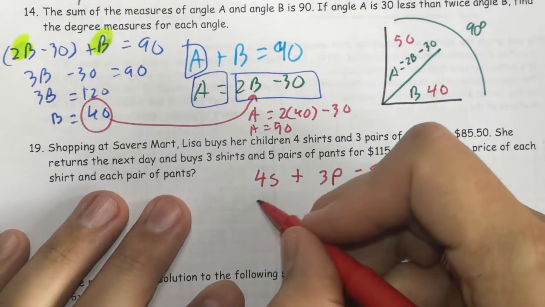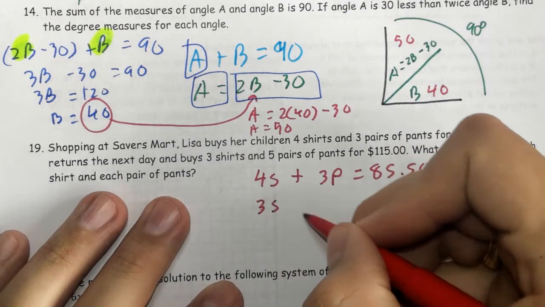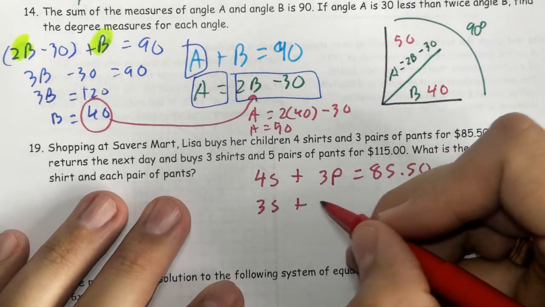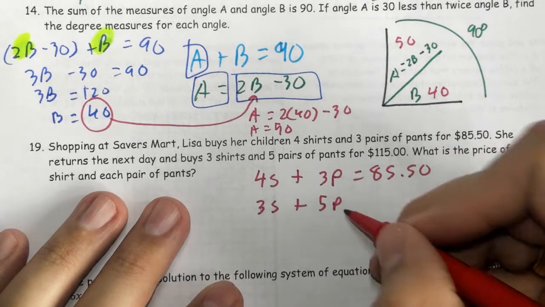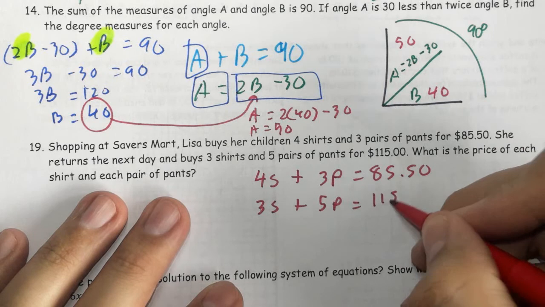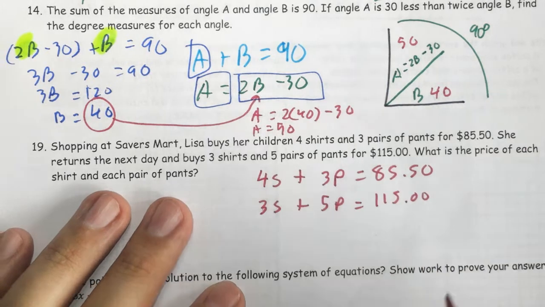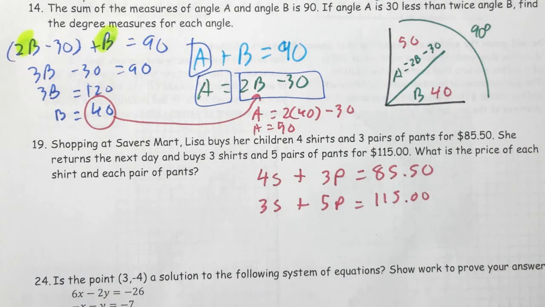Then we buy 3 shirts for however much they cost plus 5 pairs of pants for however much they cost for $115. So I want to solve that one, the next one.